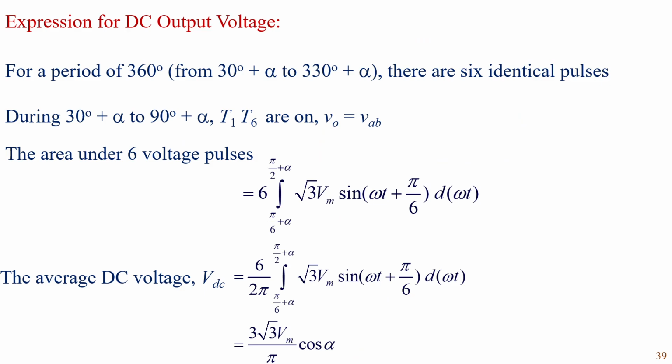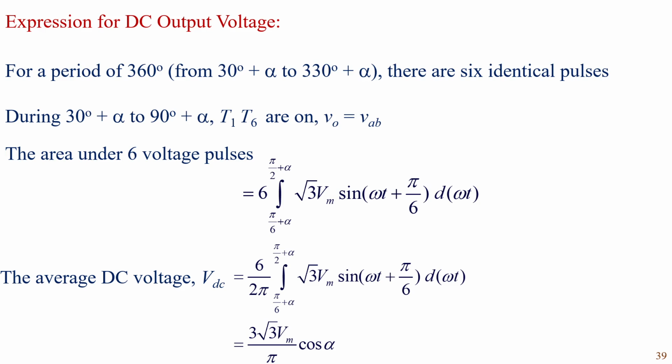The next topic is the expression for DC output voltage. For a period of 360 degrees, from 30 plus alpha to 330 plus alpha, there are 6 identical pulses, and during 30 plus alpha to 90 plus alpha, T1, T6 are on, and the load voltage equals VAB.